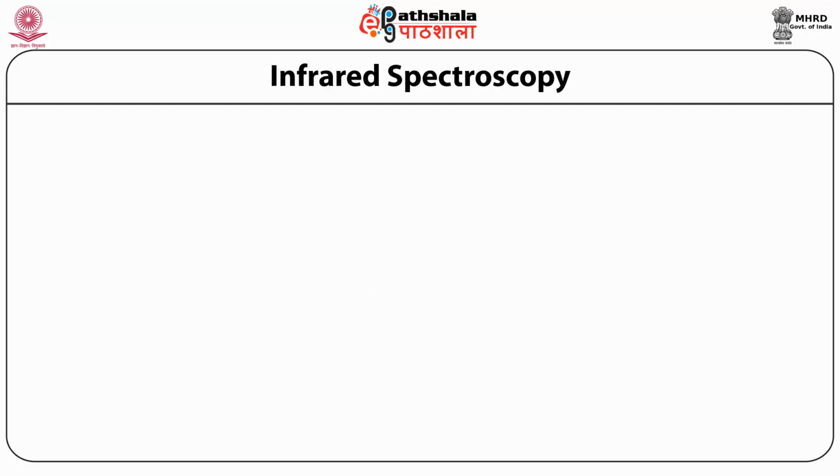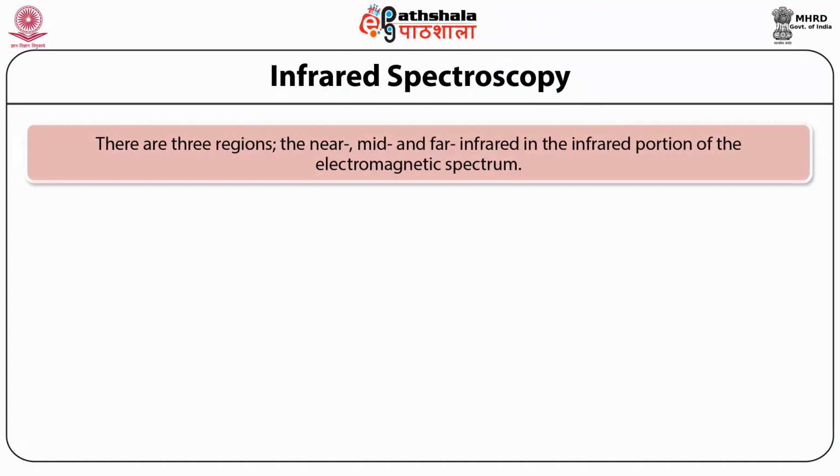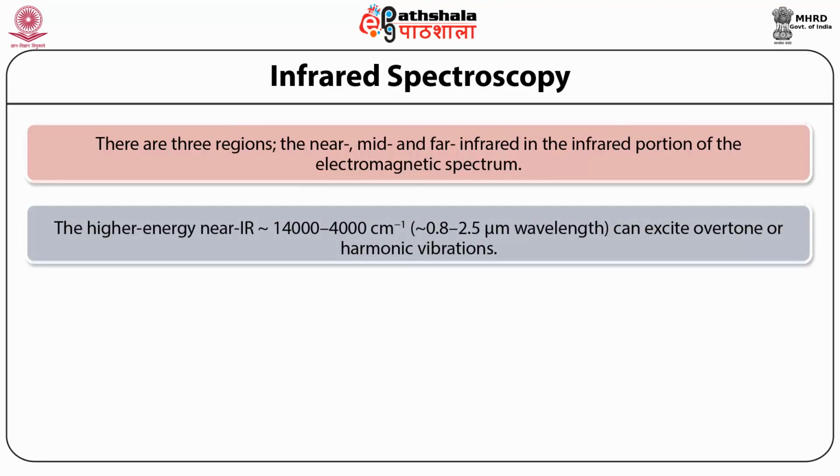Infrared spectroscopy. There are three regions, the near, mid and far infrared, in the infrared portion of the electromagnetic spectrum. The higher energy near IR, that is 14,000 to 4,000 centimeter inverse, corresponding to 0.8 to 2.5 micrometer wavelength, can excite overtone or harmonic vibrations.